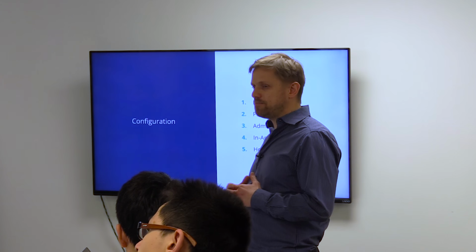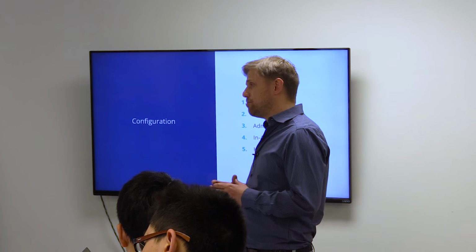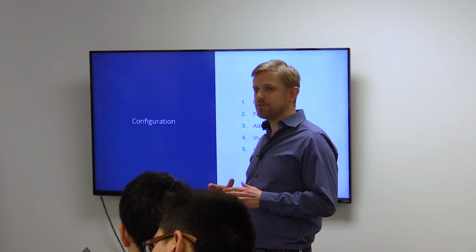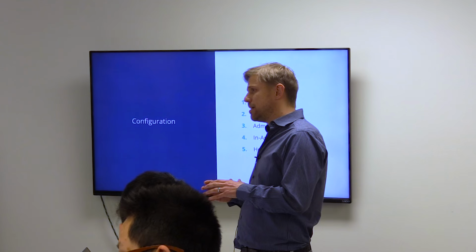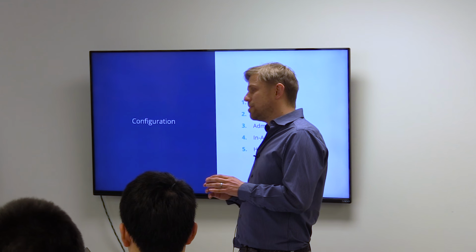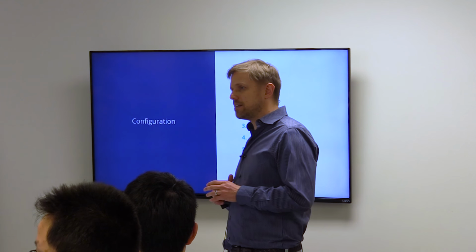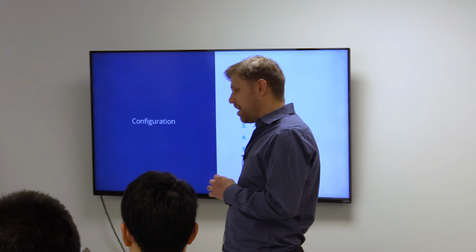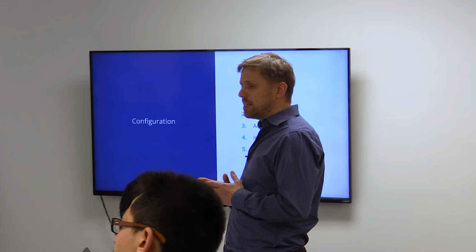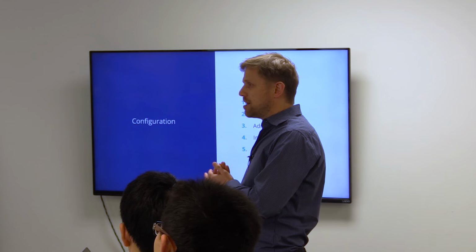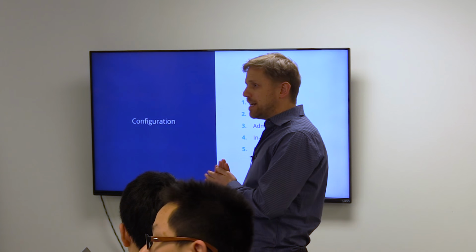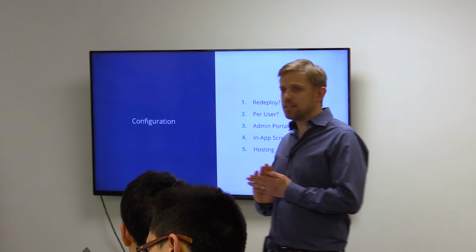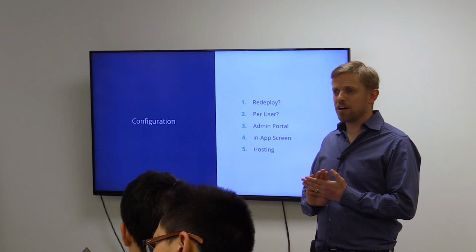At some point, when you're using these a lot and you have a big system, you're going to want some kind of admin portal, where a system admin is able to change these configurations. A very simple thing to do, which is good, especially when you want to send out builds to beta testers, is to have an in-app screen that will allow you to turn them on and off.